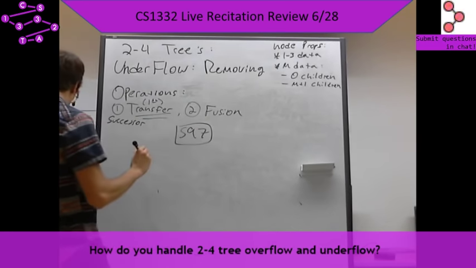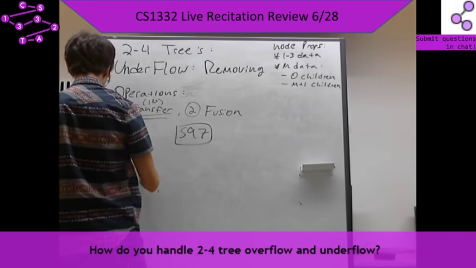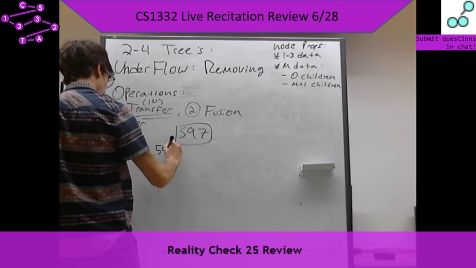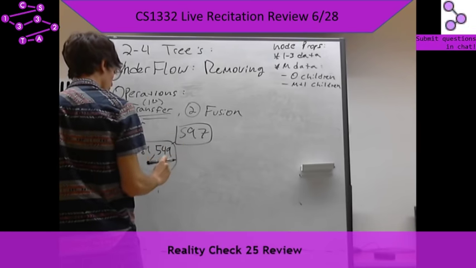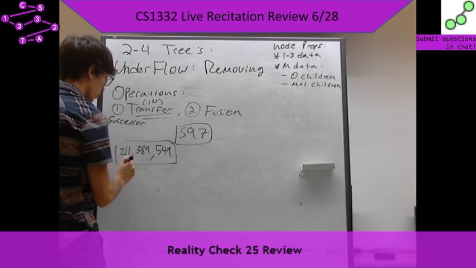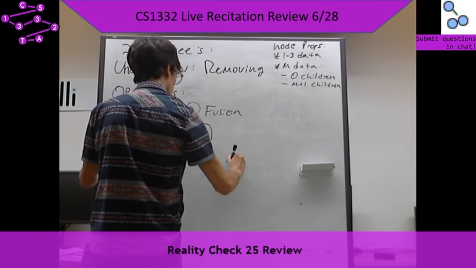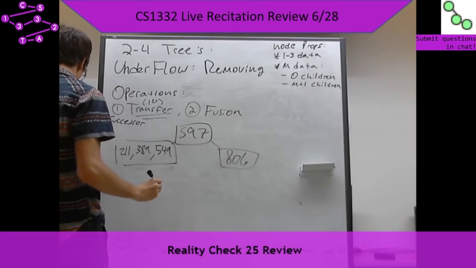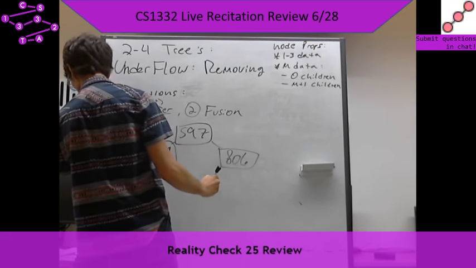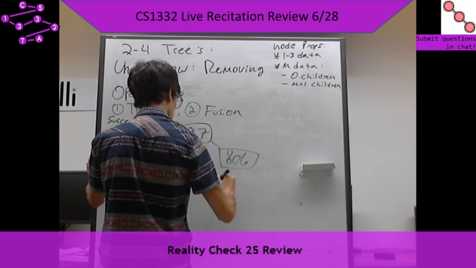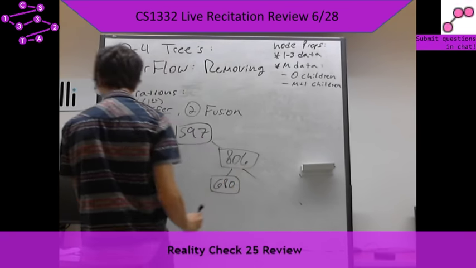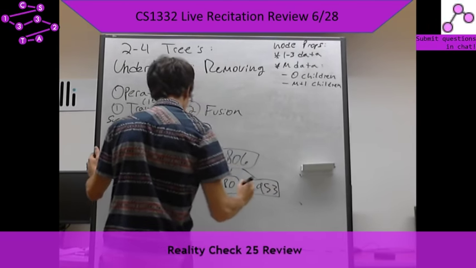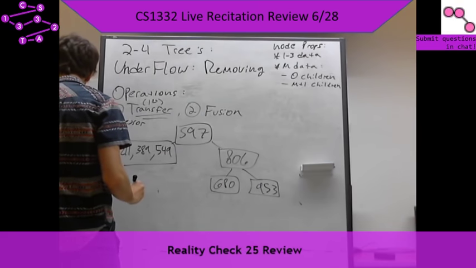597, 11, 389, 549. Big nodes here. 806. 680. And 953. And then this guy's got a whole bunch of kiddos.